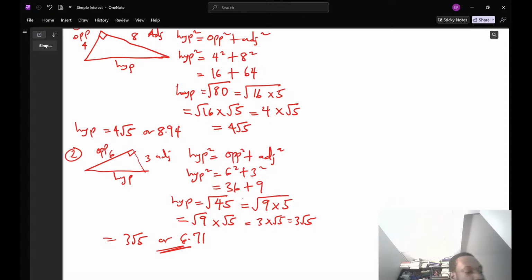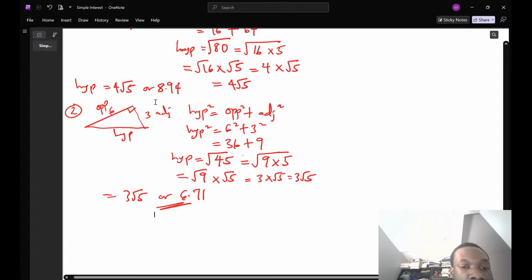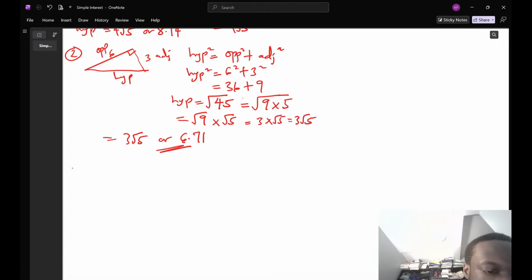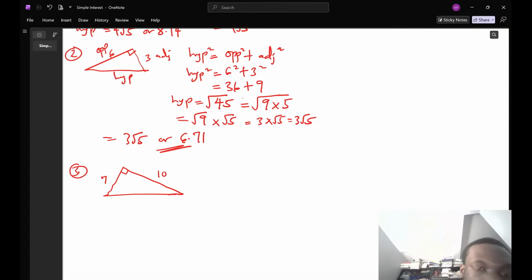Okay, so we do another one, number 3. We just do it like this. This is 7, this is 10. You see, the hypotenuse squared is equal to opposite squared plus adjacent squared.